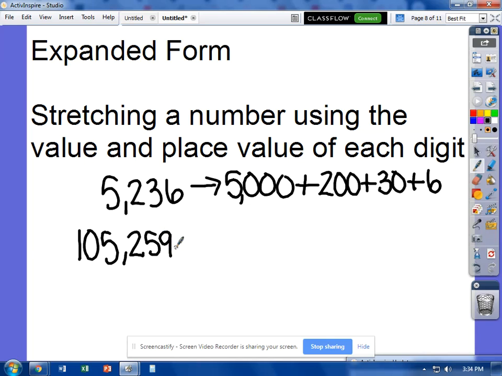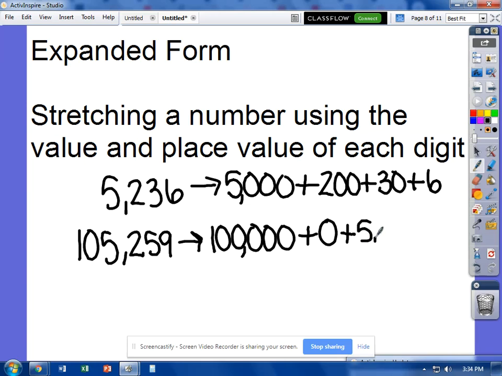Another example of that would be if we had 105,259. Okay? We look at the 1, we drop it. There are 1, 2, 3, 4, 5 zeros behind it, or 5 numbers, so I would put 5 zeros for 100,000. My 0 doesn't have anything, so I can put a 0 as a placeholder, or I can leave it alone.